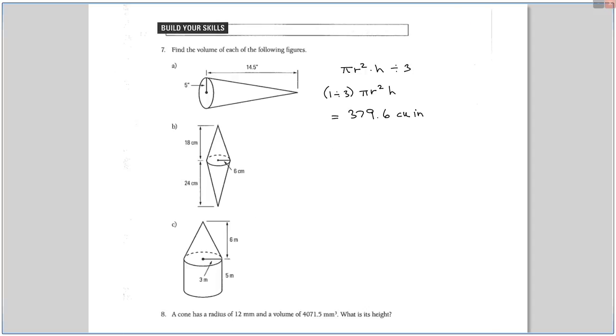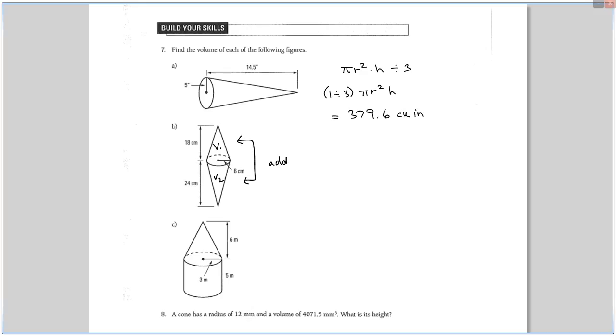Seven B, you have two cones sitting flush on the base. One is inverted. The only thing that's different about these cones is the height. The circles are the same. The circles are flush. And when you're doing total volume, what do you need to do with these two volumes? What do we do with them once we get them? Add them up.